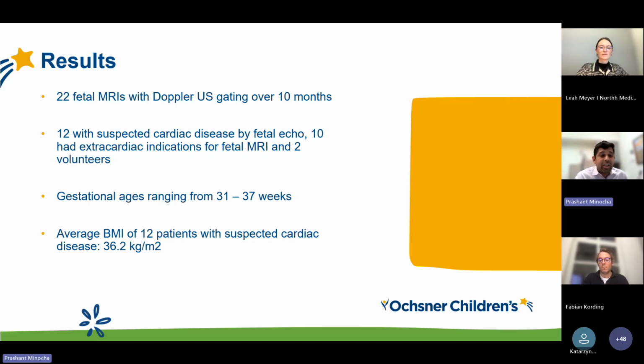Just to give some context, we had been referred patients who had increased BMI, and a lot of providers referred these patients because they couldn't see very much by fetal echo, or they had poor acoustic windows by fetal echo.